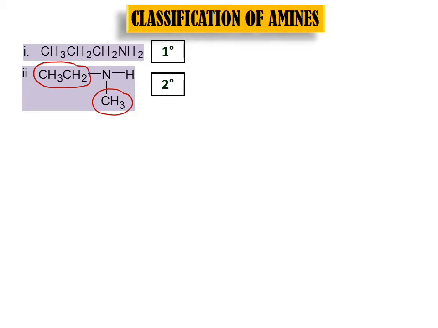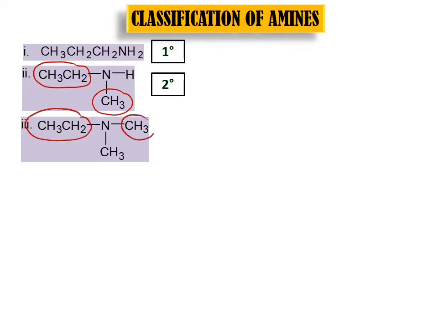Okay, a tertiary amine, yes, must contain 3 alkyl groups. So look, we have one ethyl group here, one methyl group, another one methyl group. So we have 3 alkyl groups bonded directly with nitrogen. So we classify this amine as a tertiary amine.